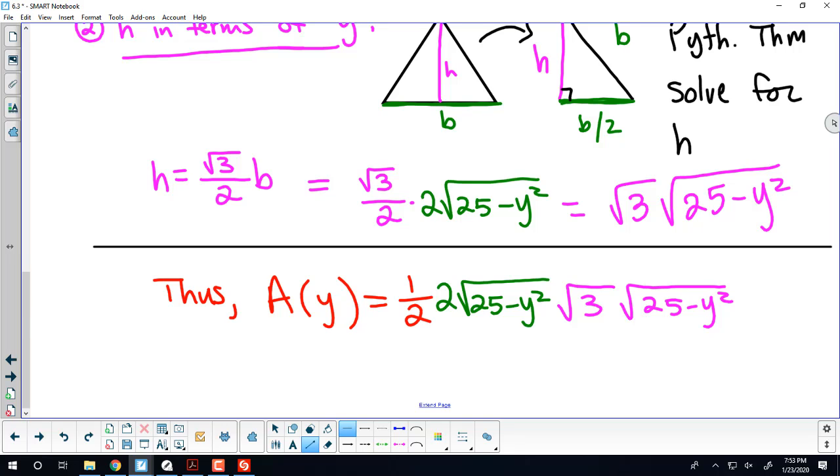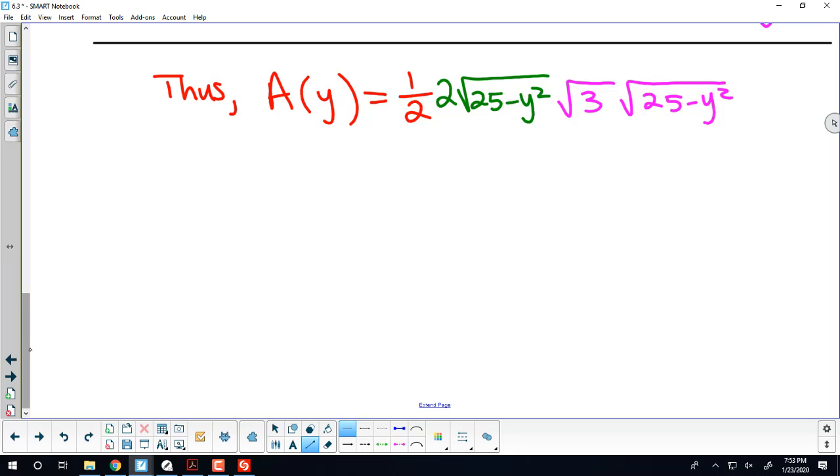So then we'll just clean that up slightly. That's gone.